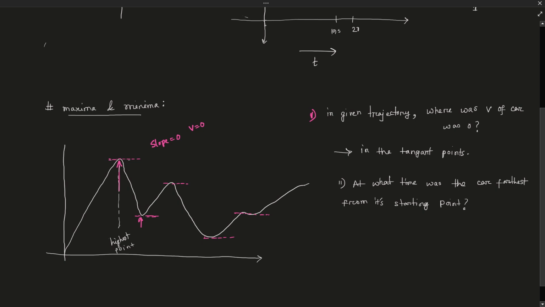So this is the farthest from the starting point, and at the highest point the slope will be 0, so v is 0. So basically the car is not moving.